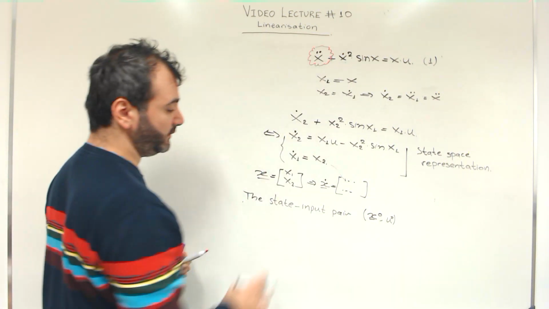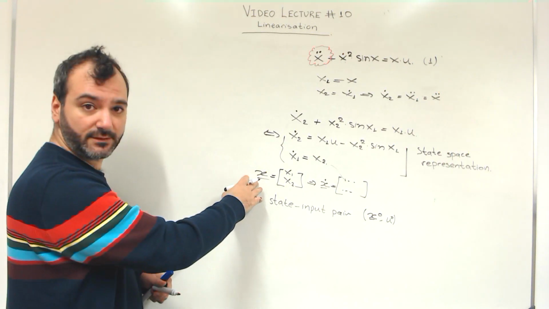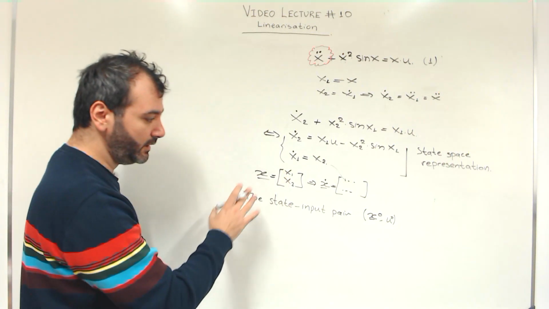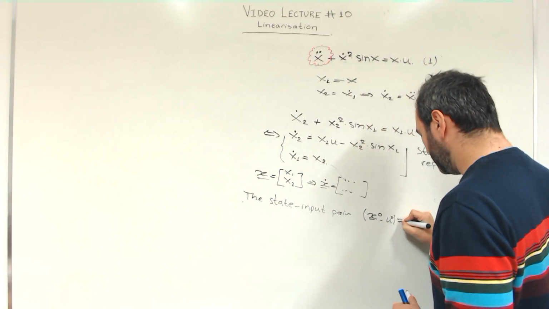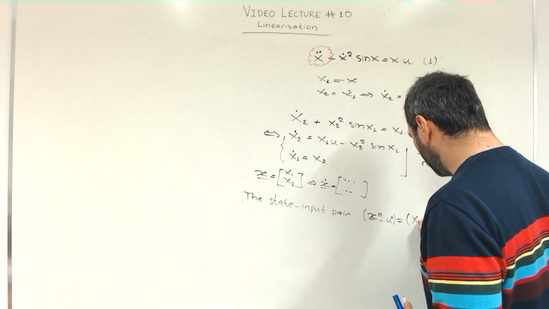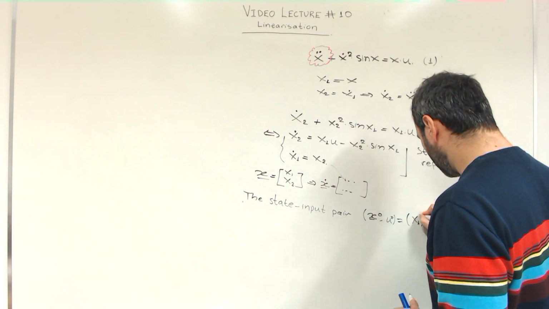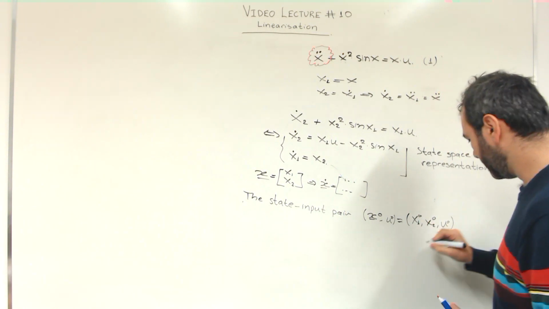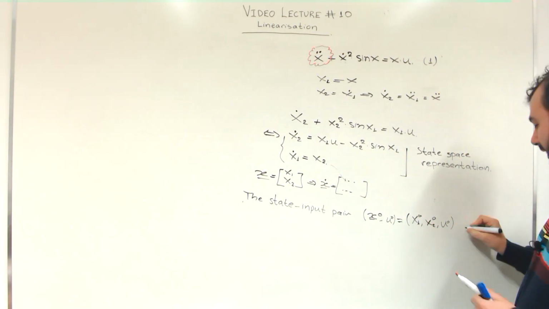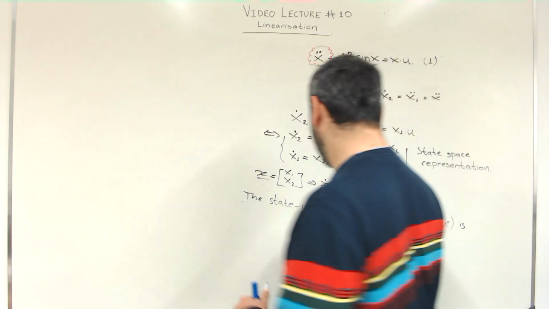X is not the state of the system. X underlined, which is a vector, the vector x1 x2 is the state of the system. So we're talking about rather the triple x1 x2. Let's call these x1 0, x2 0, u0. This is an equilibrium point.